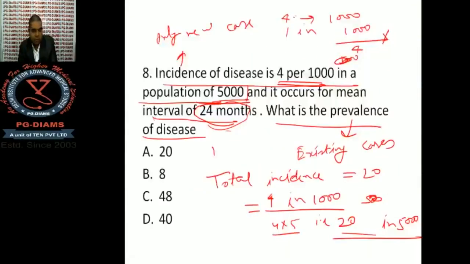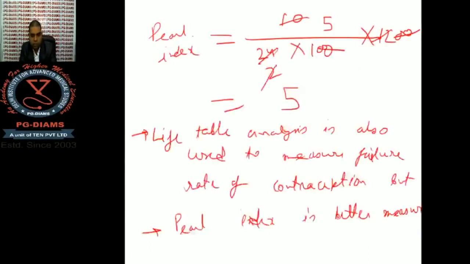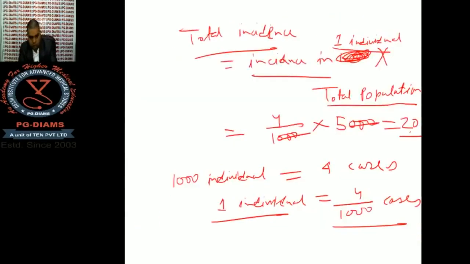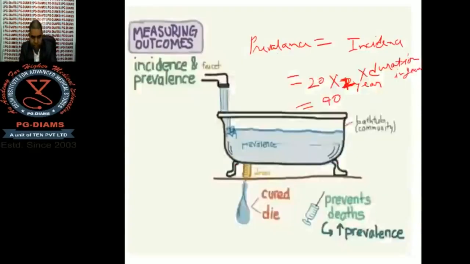So the answer will be 40. Simple. So we do not take duration in months. Duration is taken in years. So prevalence is incidence into duration in years.